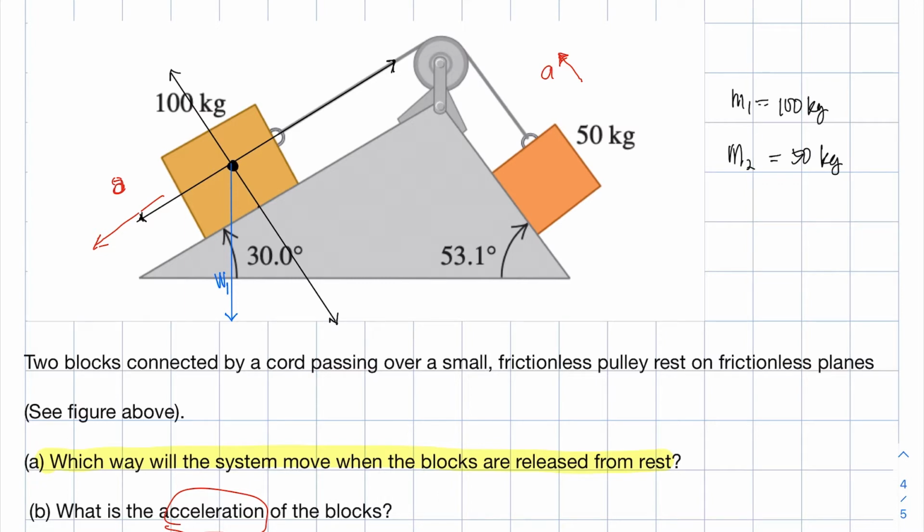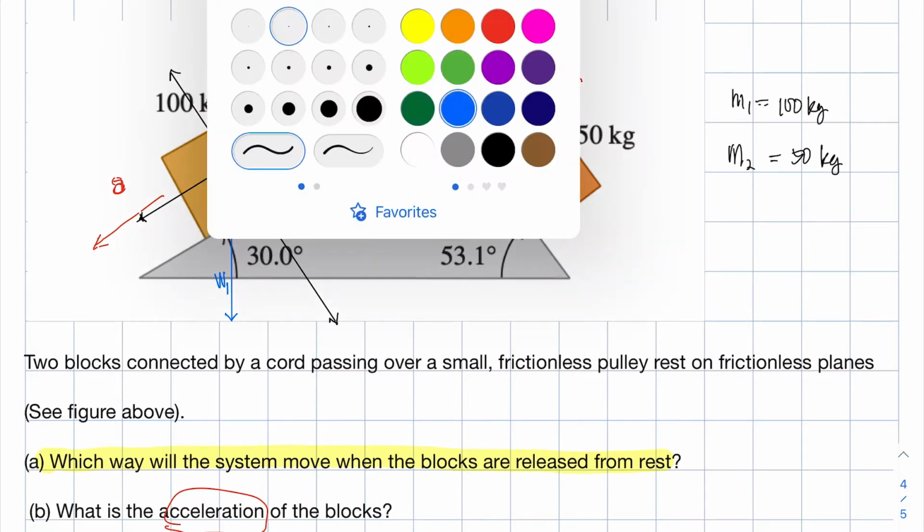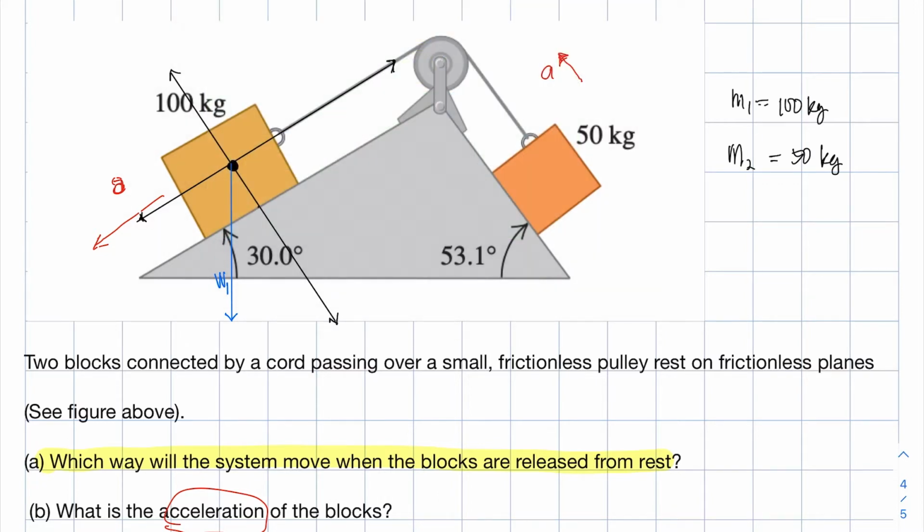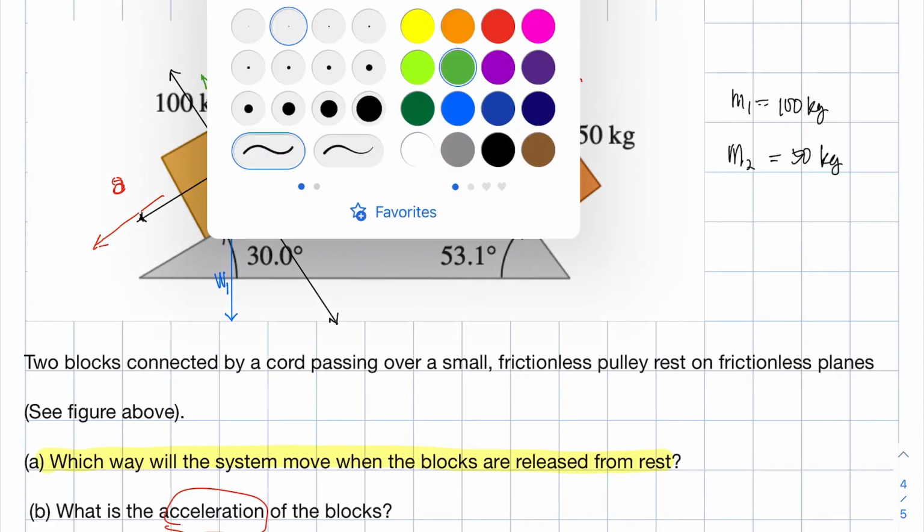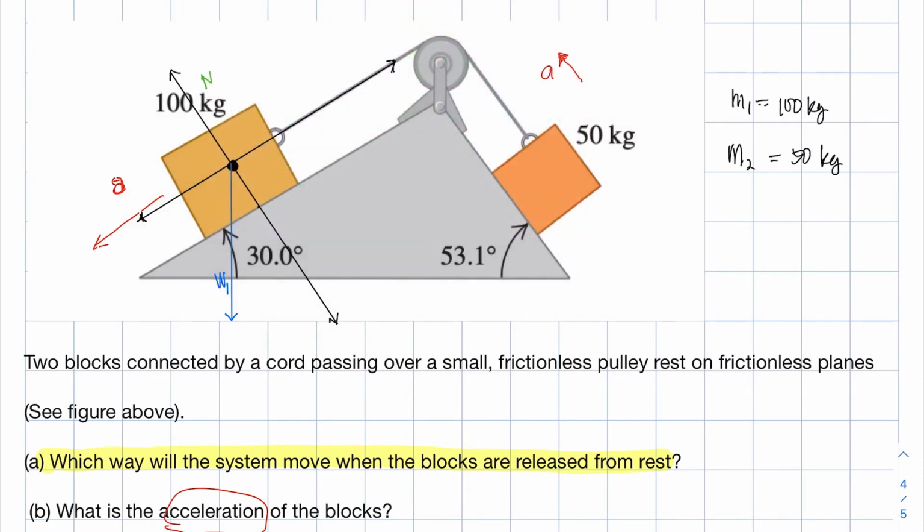Okay? Also, you have to take note that since there is contact between the surface and your mass M1 of 100 kilograms, you have to factor in that there is an existing support force, or the normal force. Another force that you can see there is the tension due to the string. Take note, we always ask the question, where is the string pulling?